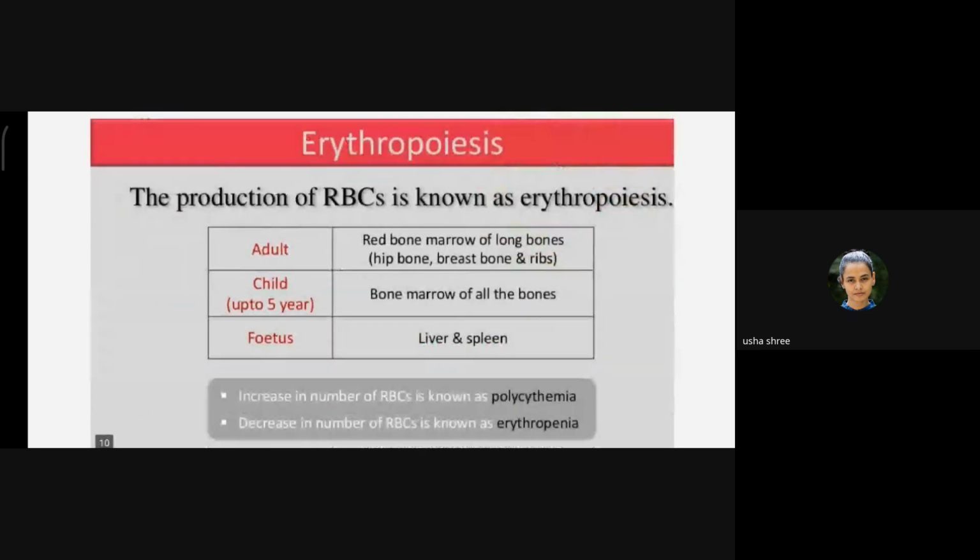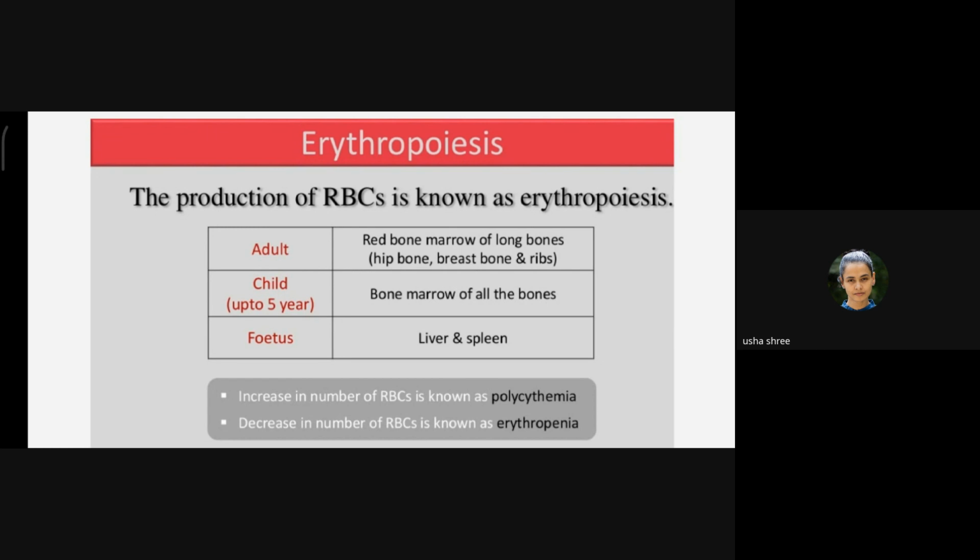Now, erythropoiesis. What is erythropoiesis? It is the process by which production of RBC happens. The process through which RBC is produced is known as erythropoiesis. So, mainly it happens in the red bone marrow of long bones, that are mainly hip bone, breast bone, and ribs.